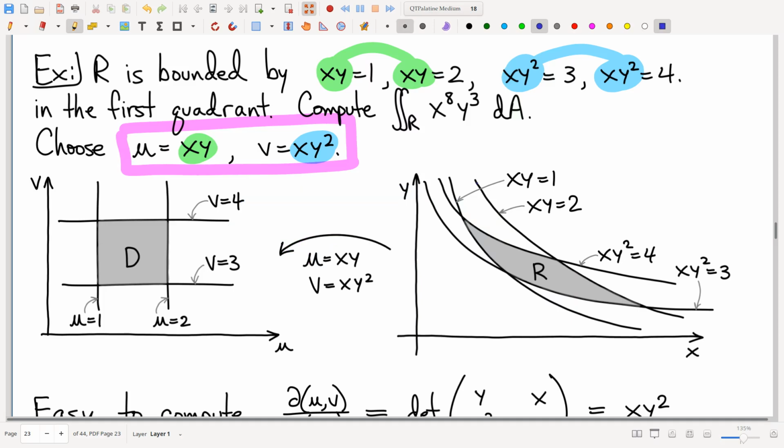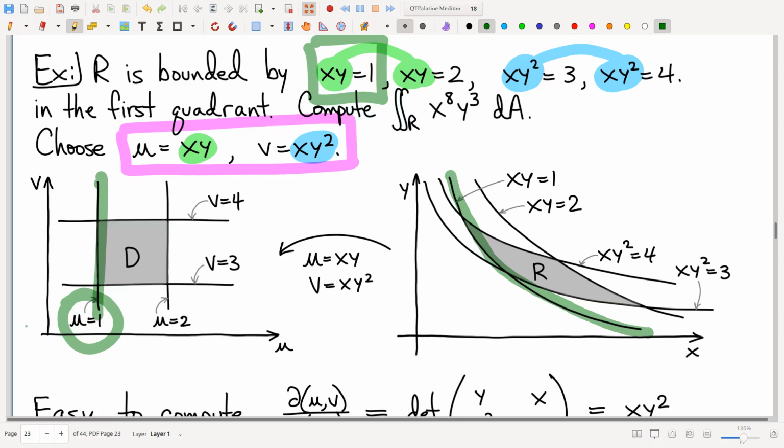We will start with this curve right here, xy equals 1. That's this curve right here. Oh, missed. That's this curve right here. Well, xy equals 1. Wait a second. xy is u. That means that its image over here is just u equals 1, which is a vertical line.